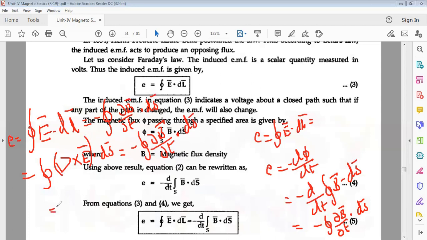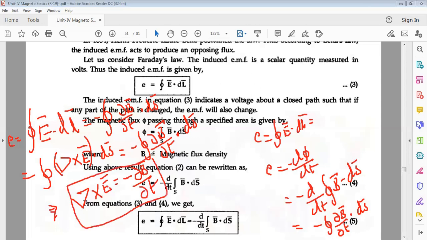We can write this as del cross E bar is equal to minus dou B bar by dou t. This is Faraday's law of Maxwell's equation.